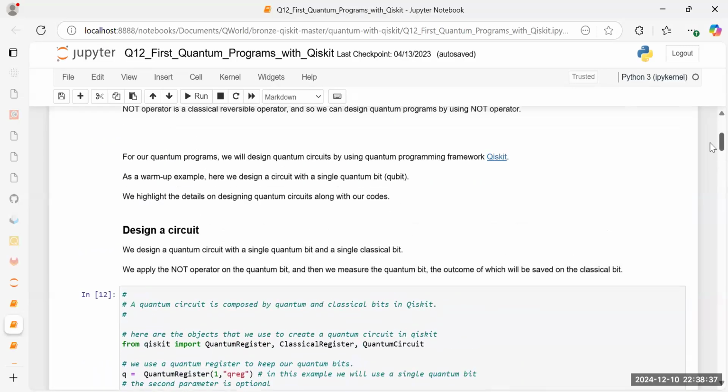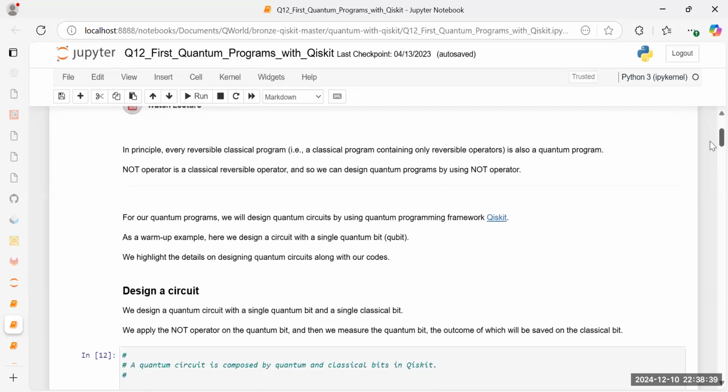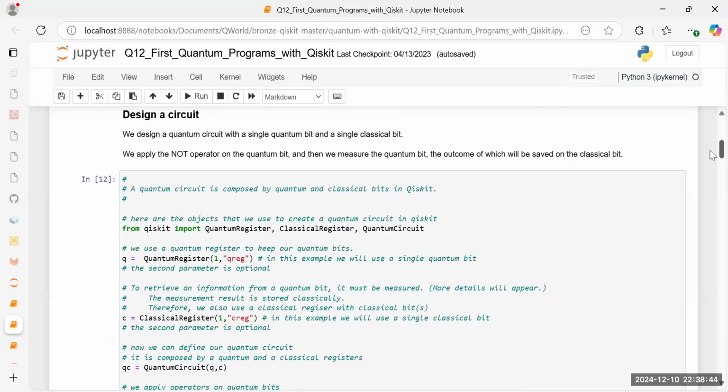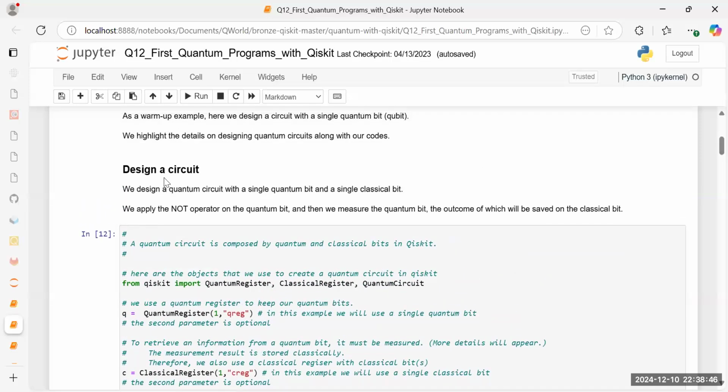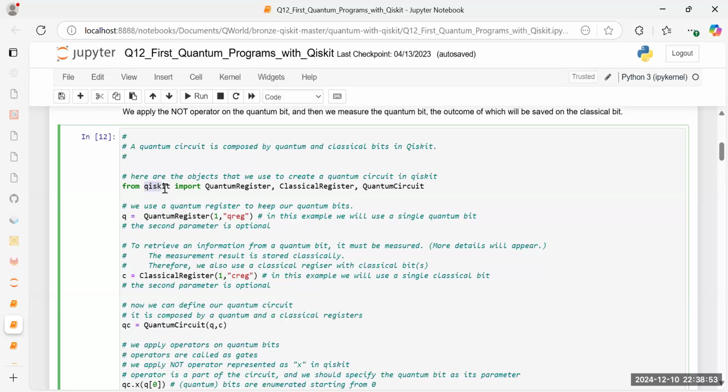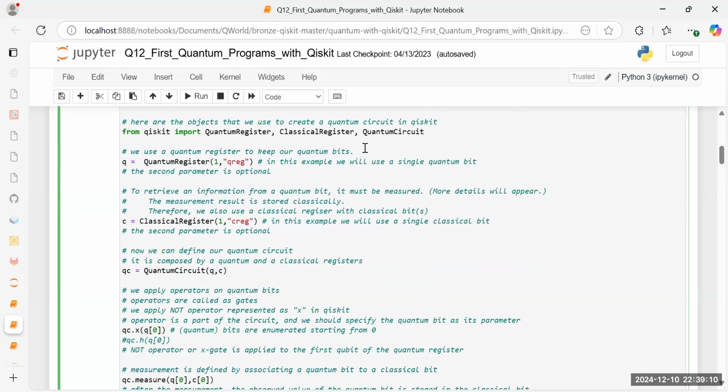Here, we're going to explore how to design a quantum circuit. The first thing you notice here, I even used the term not too long ago: Qiskit. Qiskit is a library provided by IBM for designing and running quantum circuits.